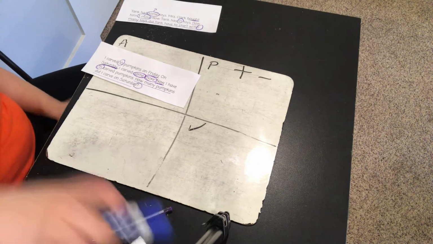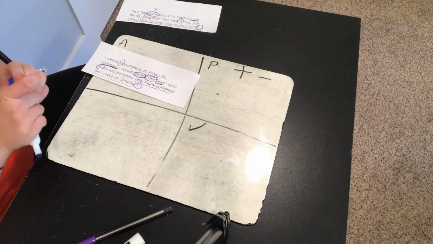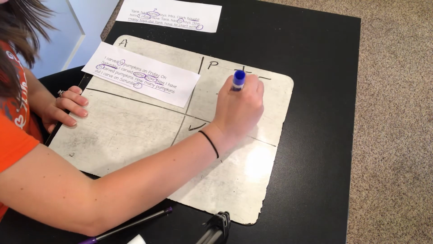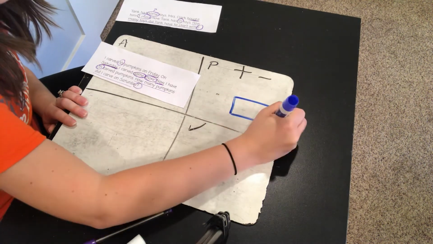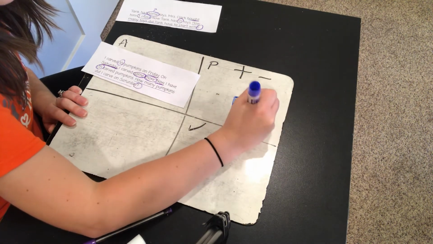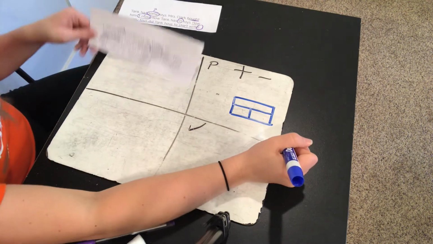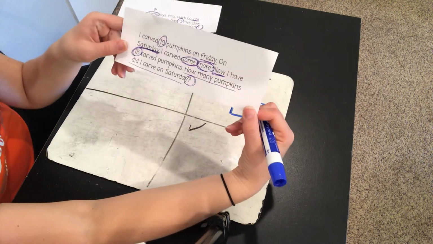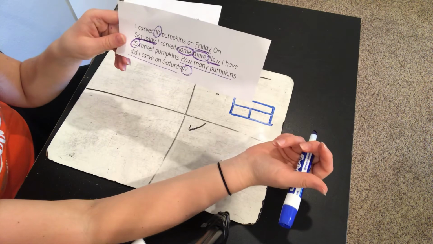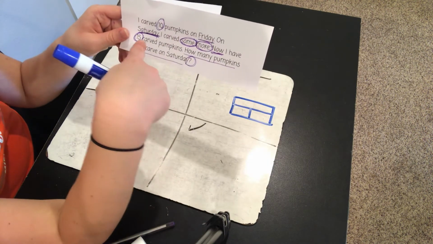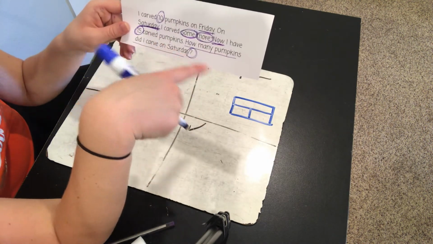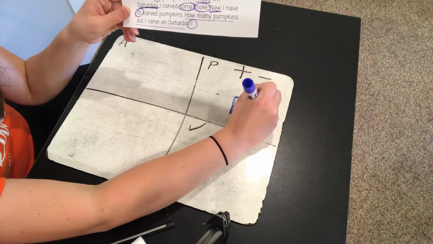Okay, for my plan here, let's draw out a strip diagram. So do I know a total number of pumpkins here? I carved 10 on Friday. On Saturday I carved some more. Now I have 15 carved pumpkins. So altogether I have 15. That's my whole.